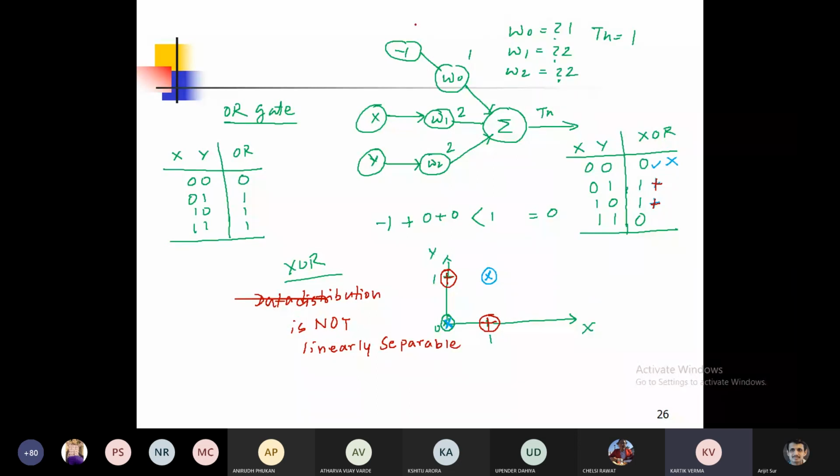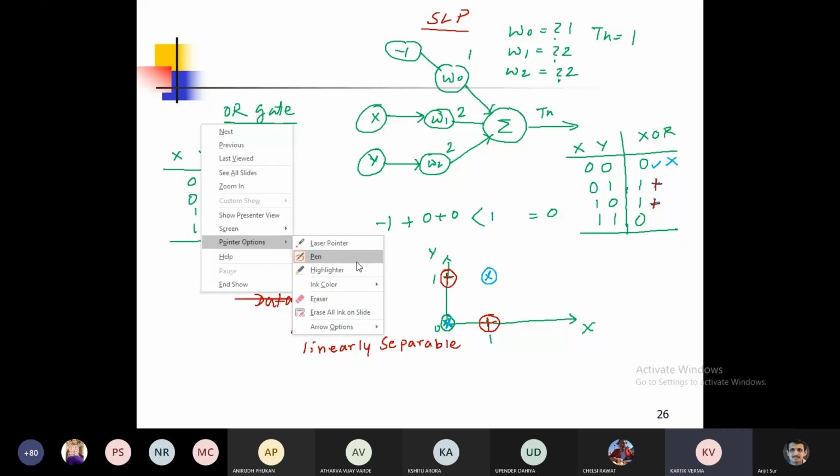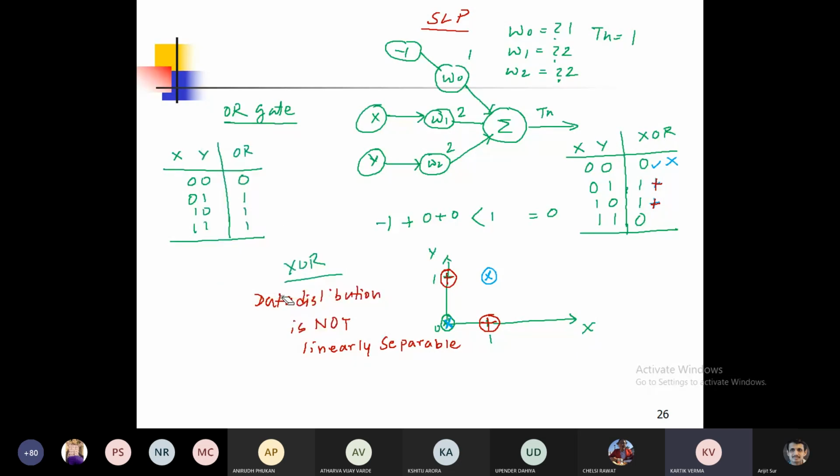So this kind of SLP cannot do this. So this is a very, very important observation.